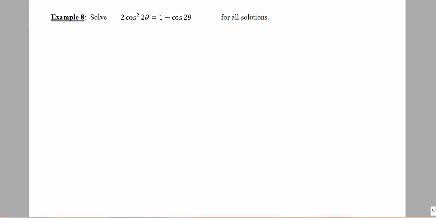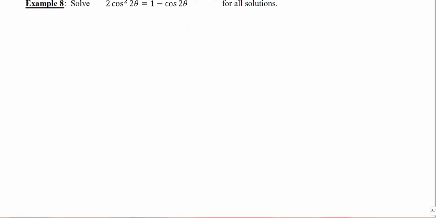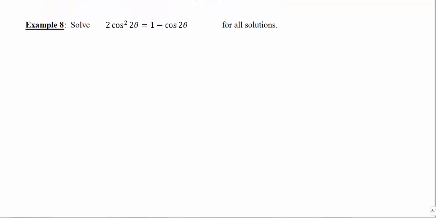Here we are asked to solve once again for all solutions, so all coterminal solutions from the very beginning. For this one, we want to look at the fact that our input angle is 2 theta, and we're going to solve for all solutions in degrees.